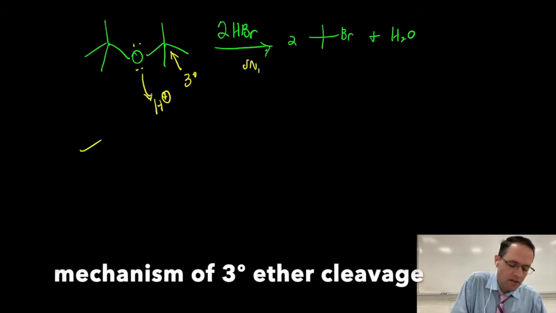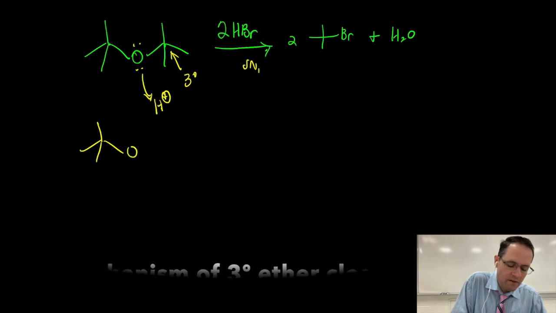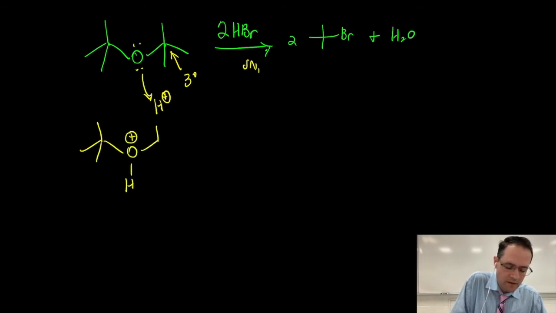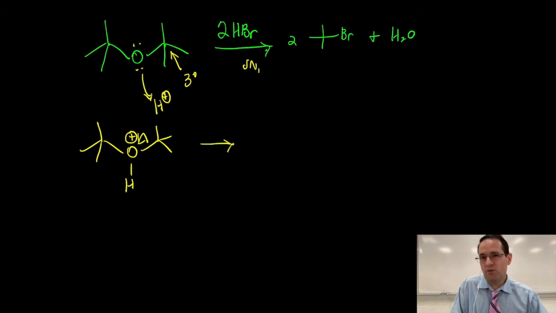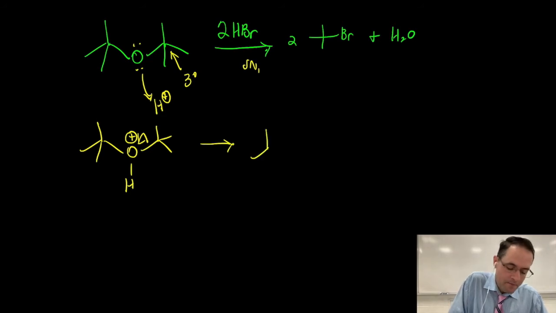We once again protonate the oxygen. There's an oxonium ion intermediate, okay? And what we want to do now is form the carbocation. So we want to directly depart our leaving group here to form tert-butyl alcohol and our carbocation, which is a tert-butyl carbocation.